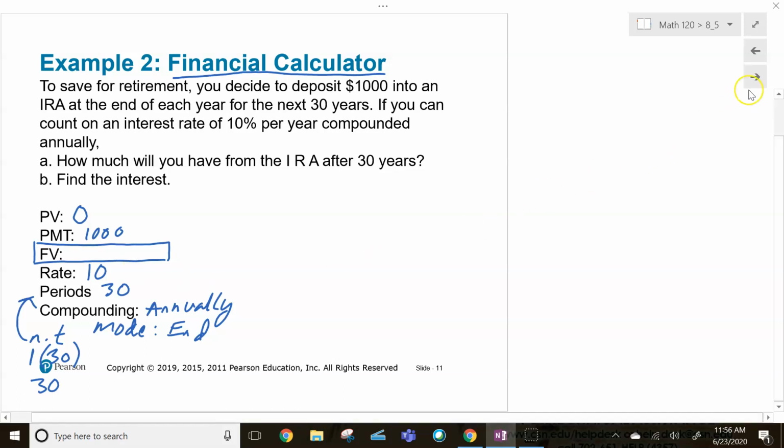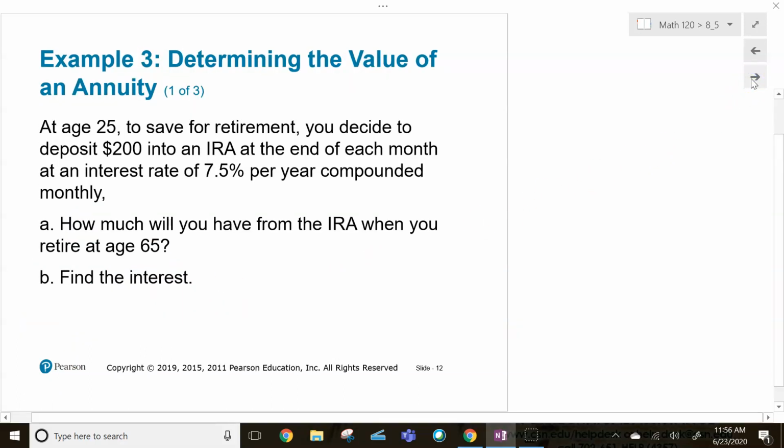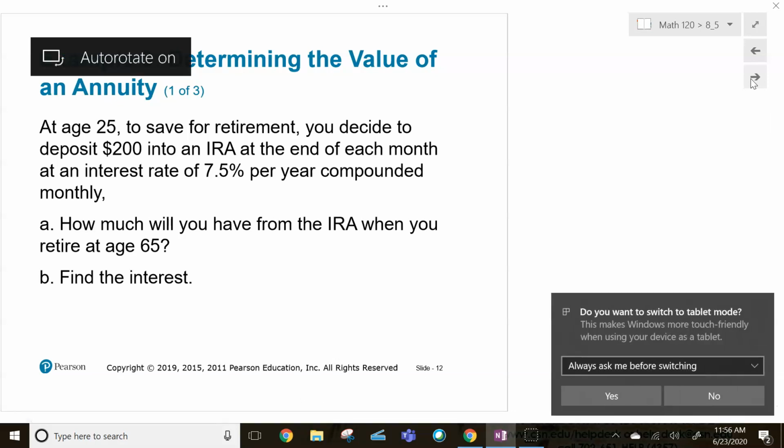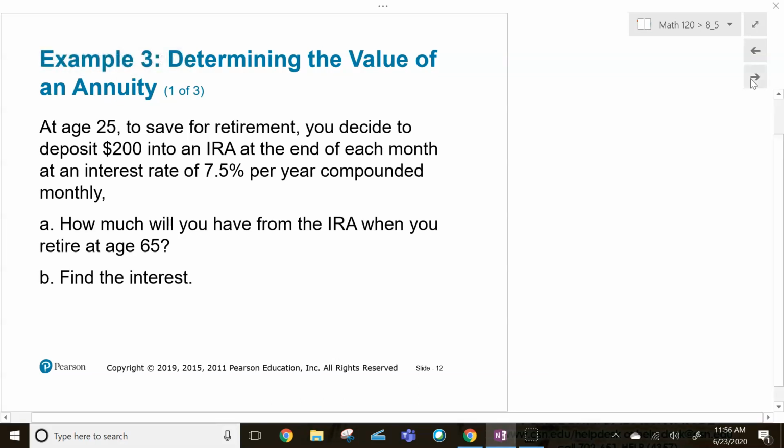All right, let's do a different one now. These save for retirement. Deposit $200 into an IRA at the end of each month at an interest rate of 7.5% per year, compounded monthly. How much will you have from the IRA when you retire at age 65? Okay.